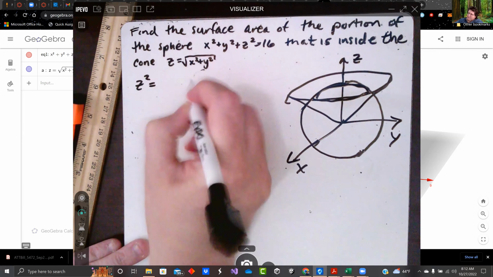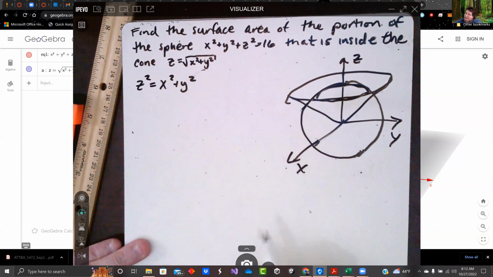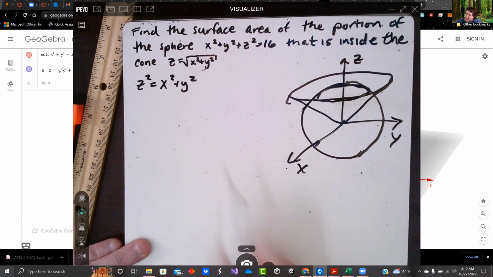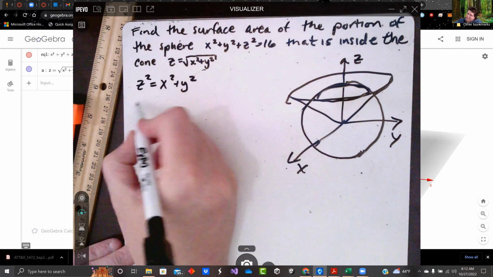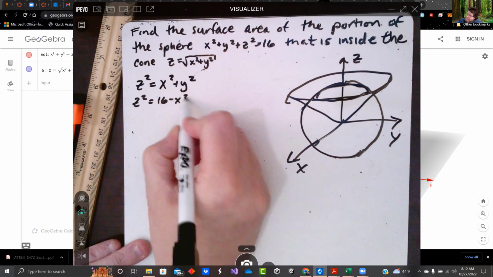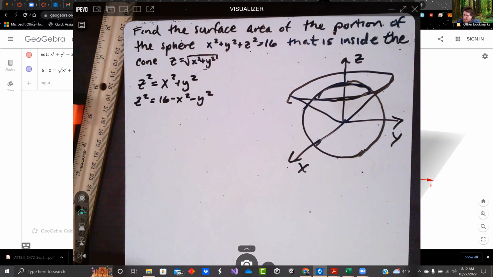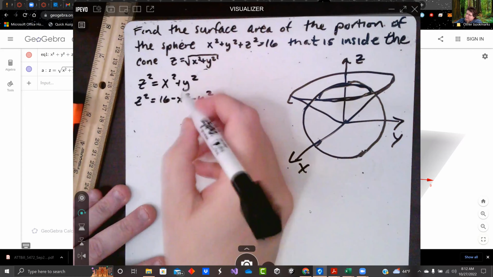So if we square this, we're going to have z squared equals x squared plus y squared. And I could solve the other one for z squared by subtracting x squared and y squared over. So maybe I can find the surface where they meet by setting them equal to each other.